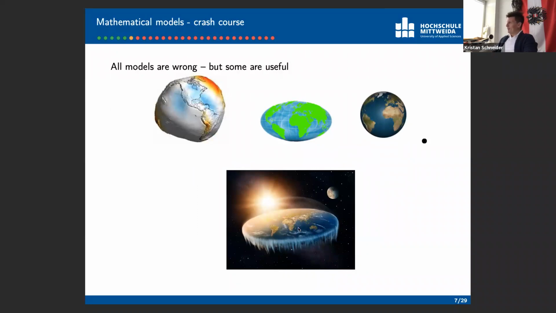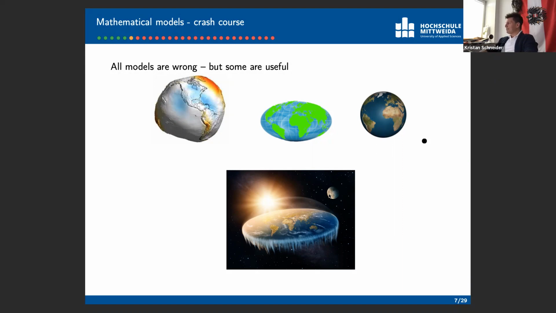Something like the Earth is flat is obviously a totally bogus model, which is actually a very nice illustration here, because for these believers in the flat Earth, actually our planet can be flat, but there are other planets around.